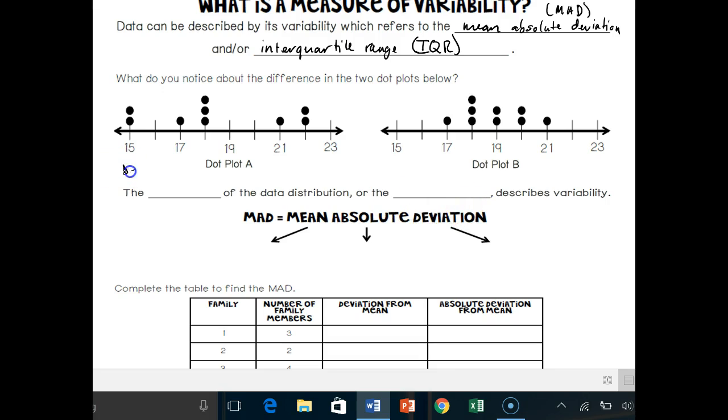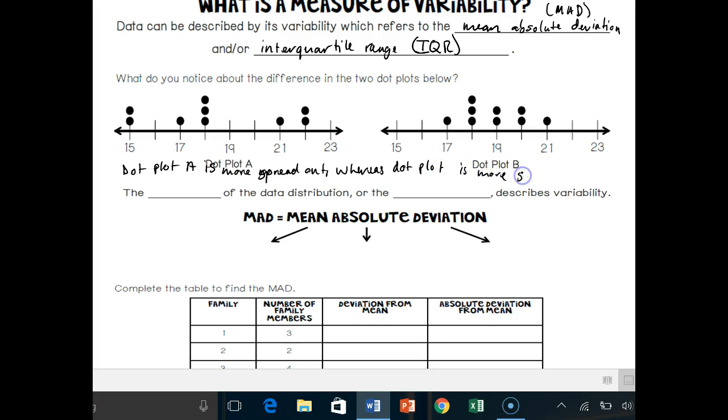Well, dot plot A is more spread out, whereas dot plot B is more centered, right?